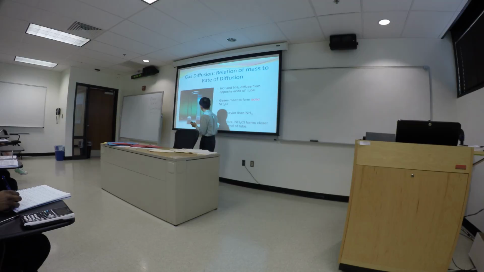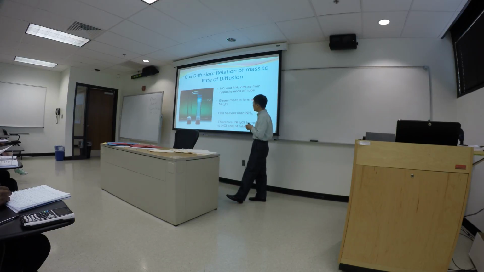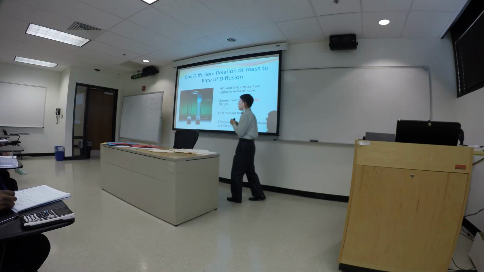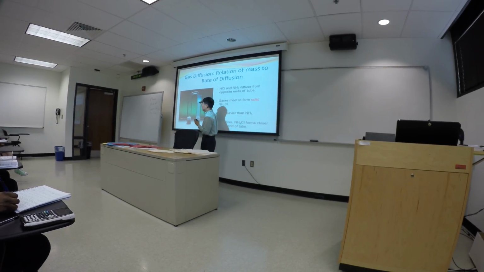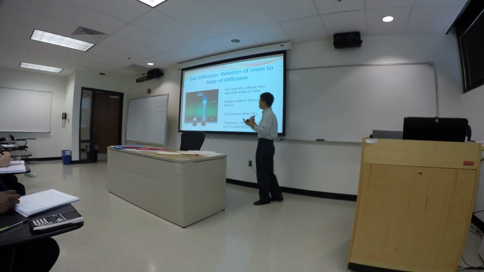Now here, the reaction is that when these two gases meet with one another, they form an ionic compound, ammonium chloride. All ionic compounds are solid at room temperature. So if you put the gases in at the same time, the location where ammonium chloride is formed indicates who is moving faster.